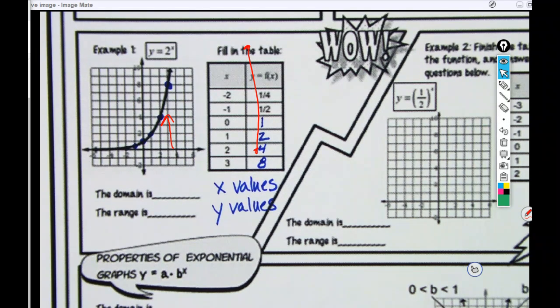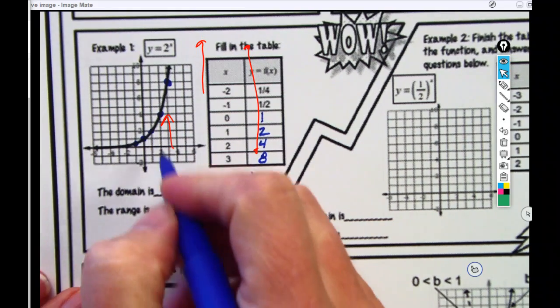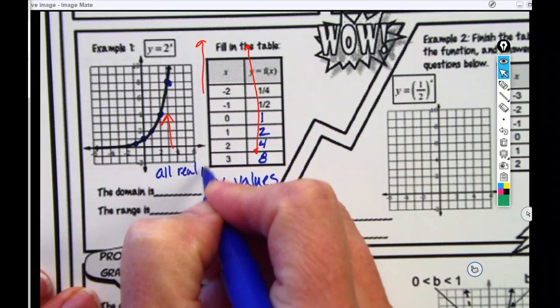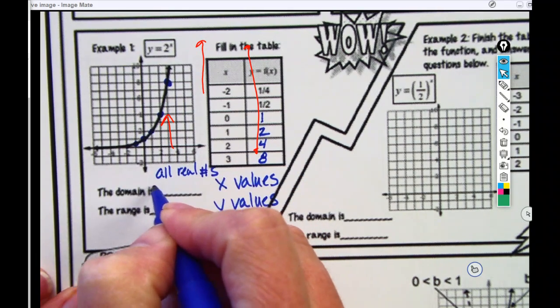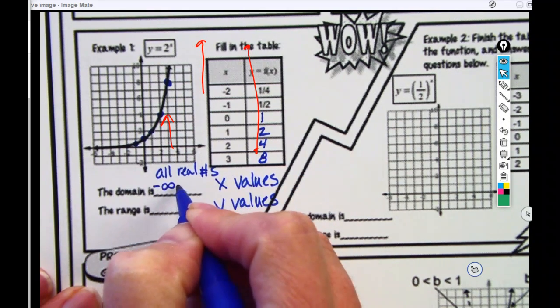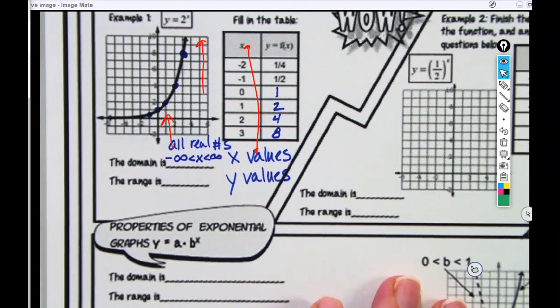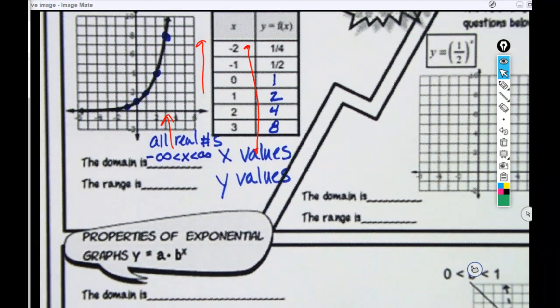I would eventually, even if it was clear off the chart up high, I would still eventually run into it. Every number of x. So the domain here is all real numbers. And the way we say that is x is all the numbers between negative infinity and positive infinity.